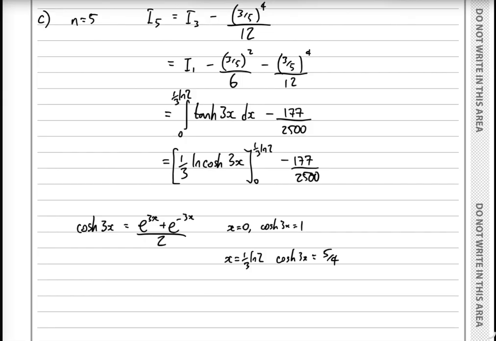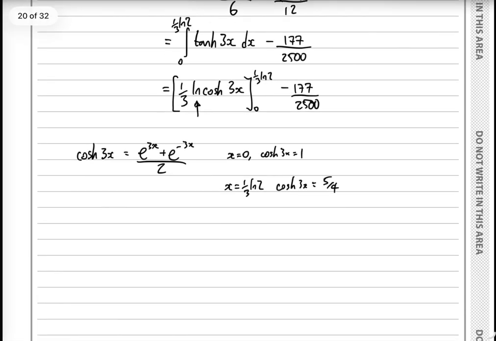It's 5 over 4. But those aren't what comes out of this, because we actually have this log in here still, so they're going into a log. So I5 is equal to a third log 5 over 4 minus a third log of 1, and that's where it turns into a 0.